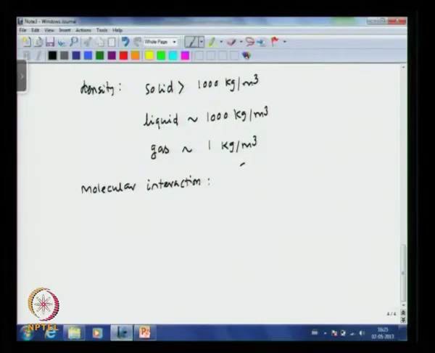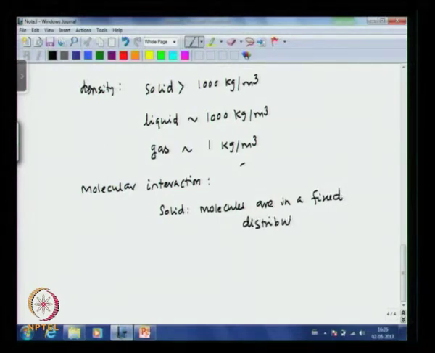So, in solids, molecules are in a fixed distribution and their molecular spacing is of the order of 0.3 nanometer.